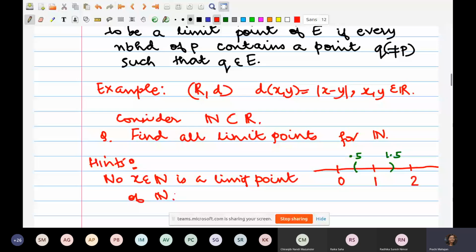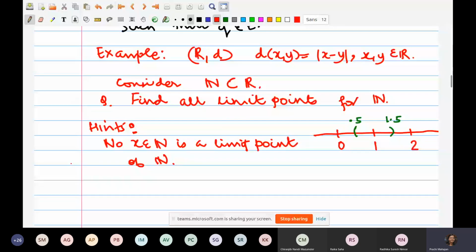Let's look at something else. I am looking at the limit points of the set of natural numbers in the real line. What if I look at a real number? Let me call it x naught.